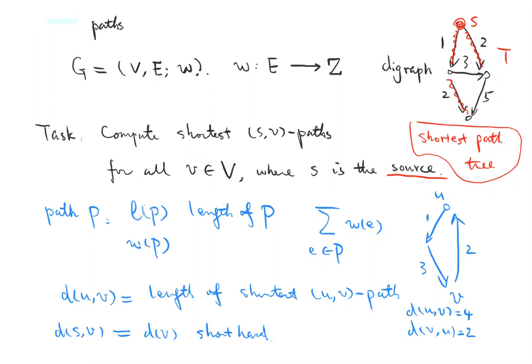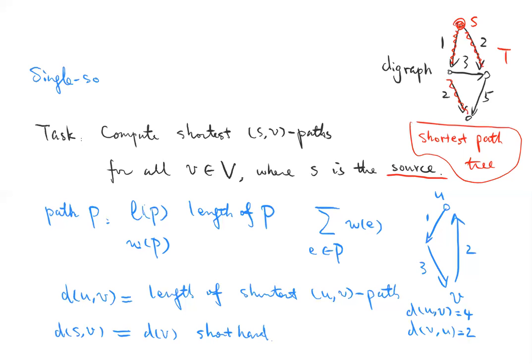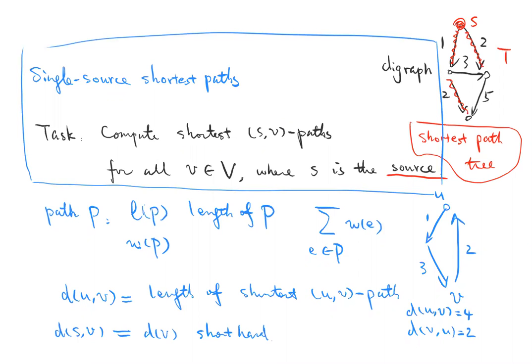So this one is called single source. The problem we are going to discuss is the single source one, starting from one vertex.